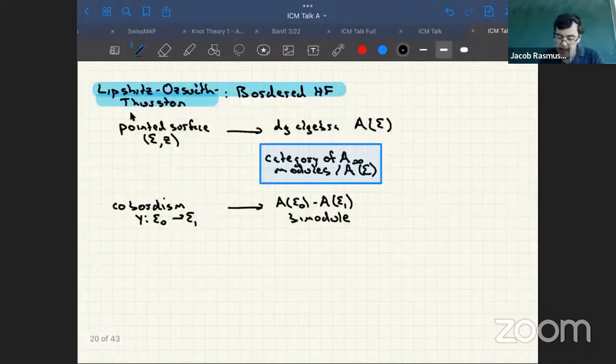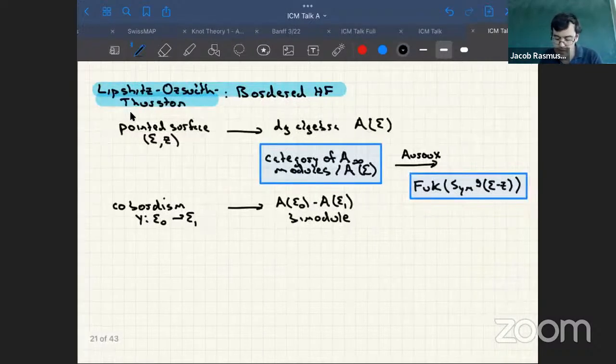Okay. And so what's the category that we're supposed to associate to A of sigma? It's the category of A infinity modules over this DG algebra A of sigma. Sounds a little complicated, but we'll think about it further. And then the functor associated to this is supposed to be given by tensoring with this bimodule. Okay.